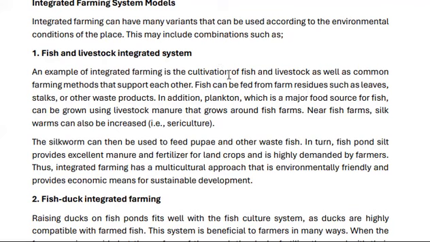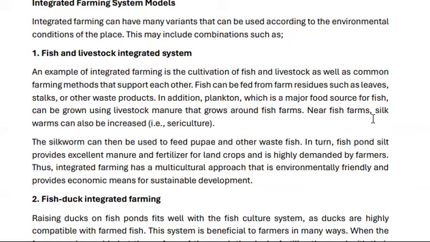Fish and livestock nga, we cultivate fish and livestock as well as common farming methods that support each other. So dito yung fish ay pwedeng pakainin gamit ang mga farm residues gaya ng mga dahon, mga stalks, and other waste products. And in addition, yung mga plankton natin, which is a major food source for fish, can be grown using livestock manure.